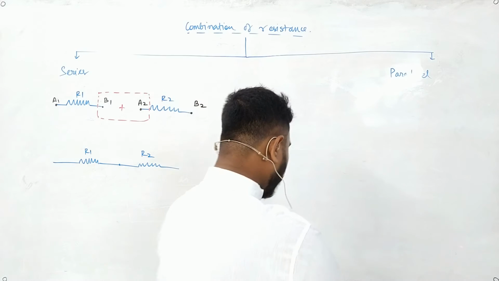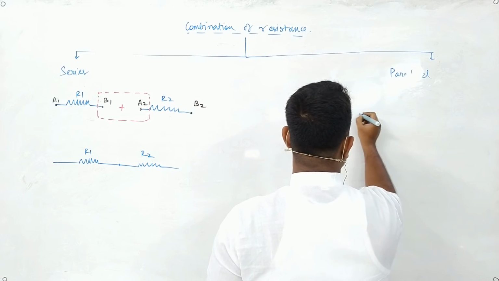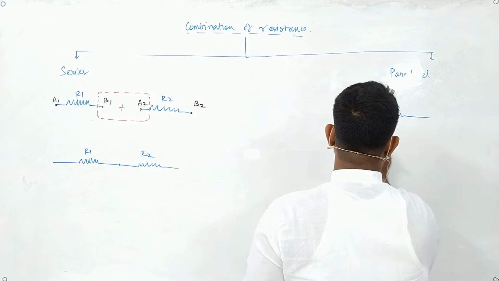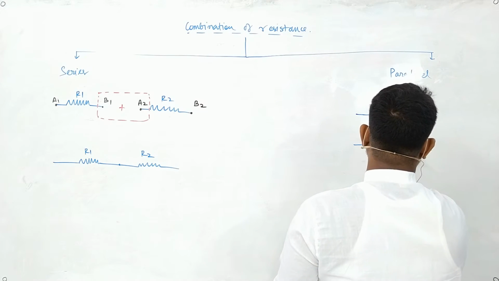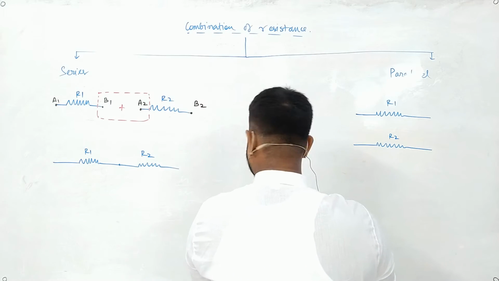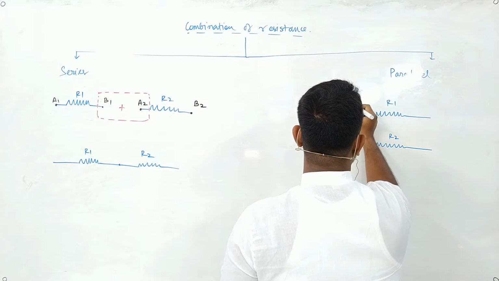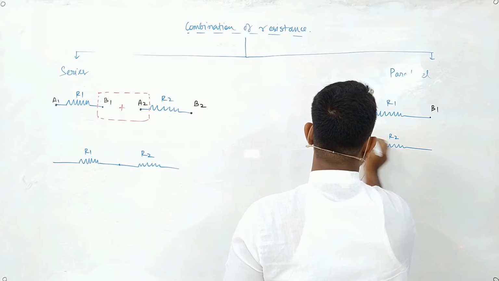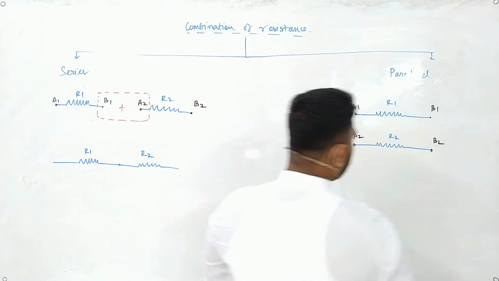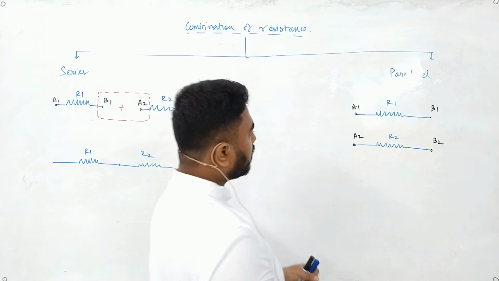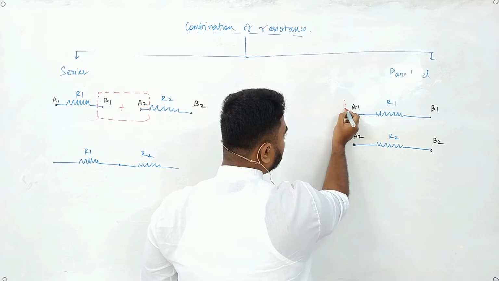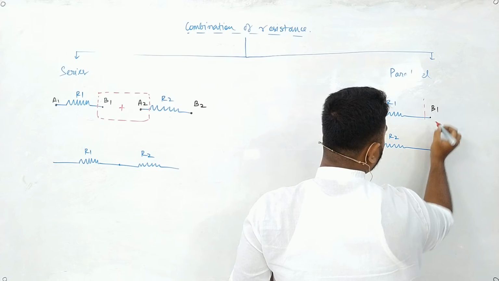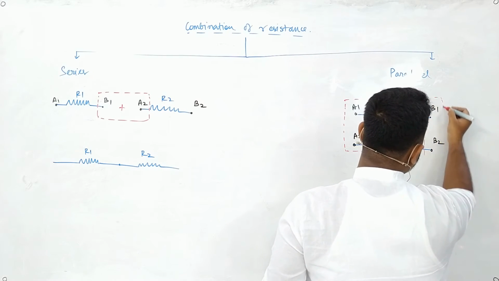And if we are having two resistances, one is R1, another one is R2, such that this one has two terminals A1 and B1, this one has two terminals A2 and B2, and we do it such that we join the first terminals and we also join the second terminals together.